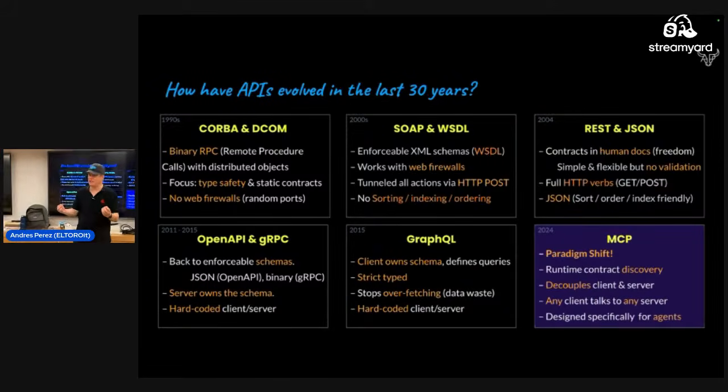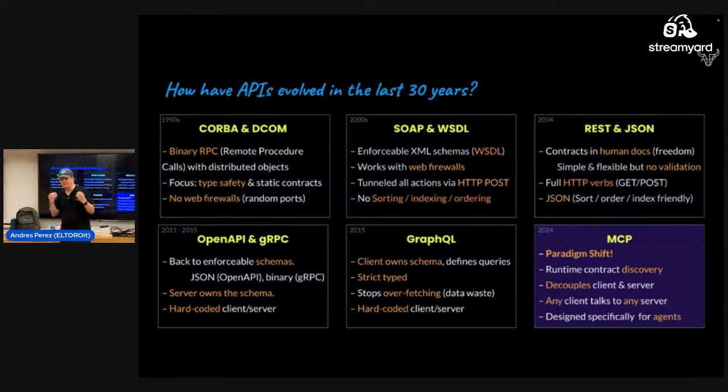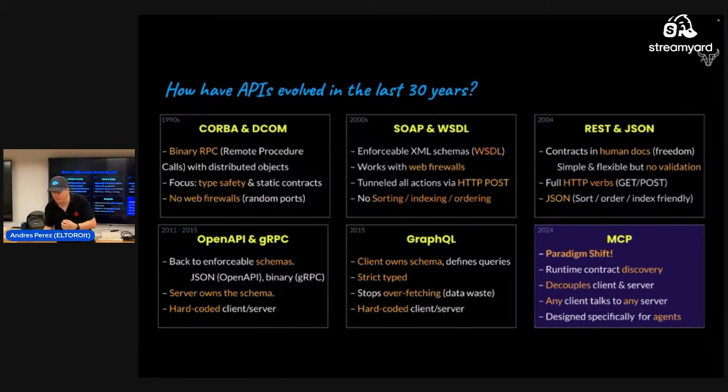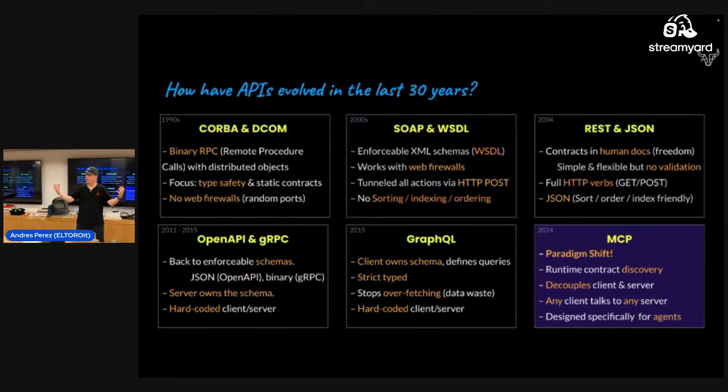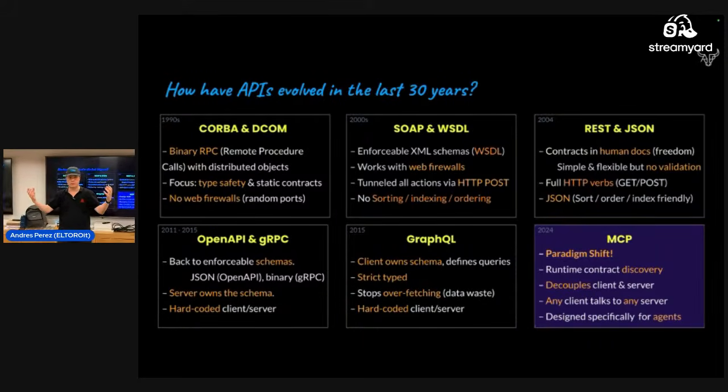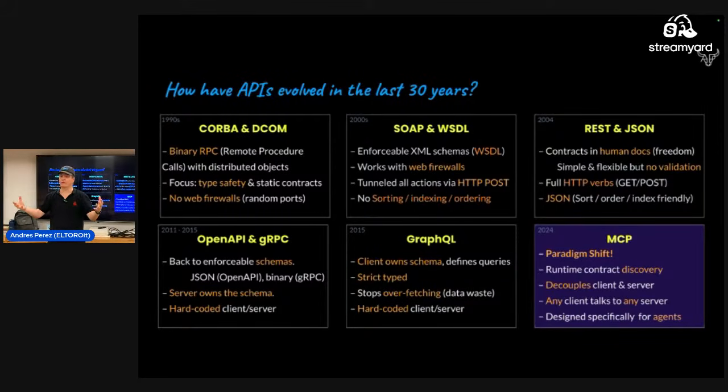And that's the magic of MCP. The magic of MCP, and this is where everything changed, is that the client and the server do not need to know a pre-established communication method. That communication method, what questions I can ask you, what information I need to send you, what information you're going to give me back, happens at runtime.